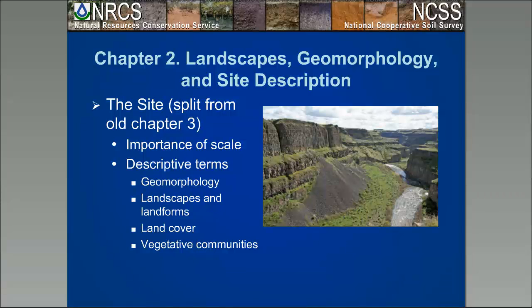So what we did was split out this portion about the site data from the old Chapter 3. When you are going to go out and begin to do an inventory of the landscape, you need to consider things such as scale and how that affects what you do and how you go about doing it. That's a very good addition that we have been able to put in.